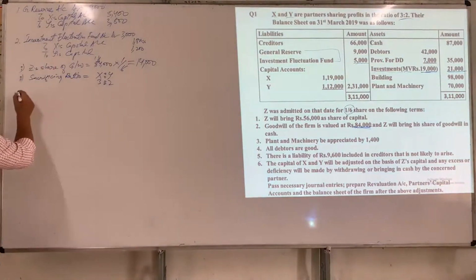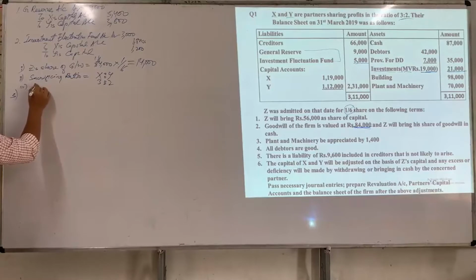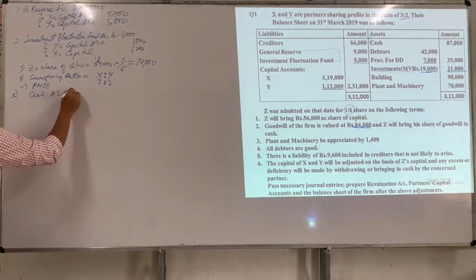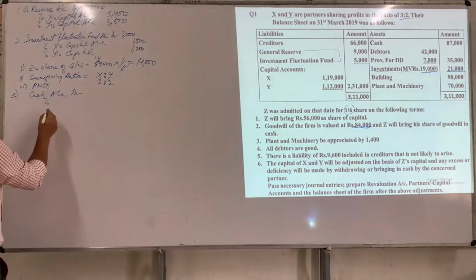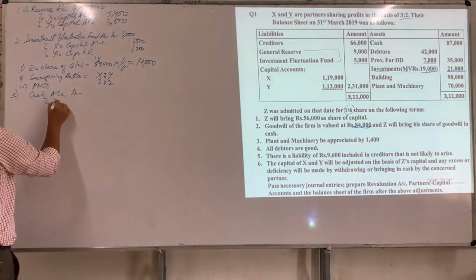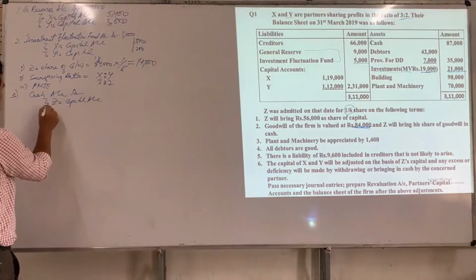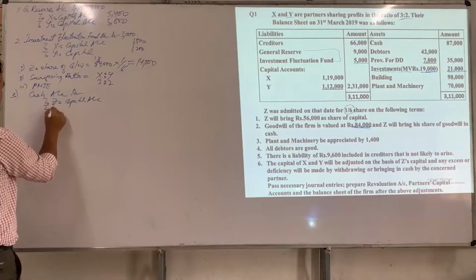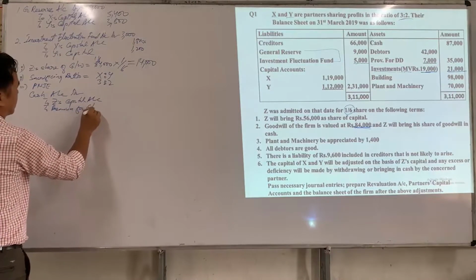And the last step is to pass the necessary journal entry. So the journal entry will be: cash account Dr. to Z's capital account, to premium for goodwill.